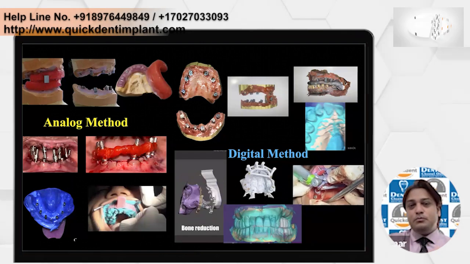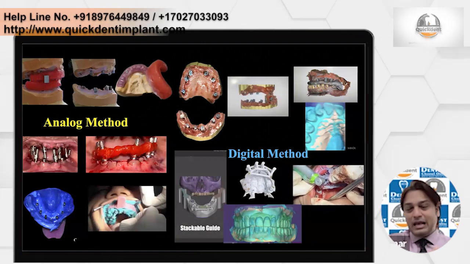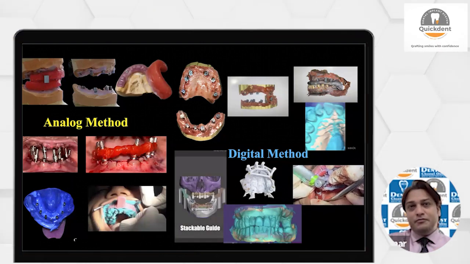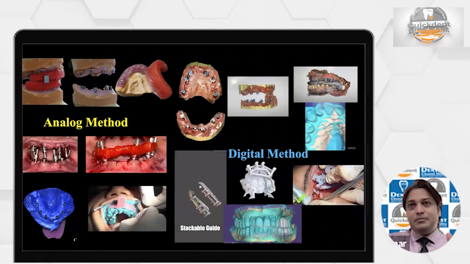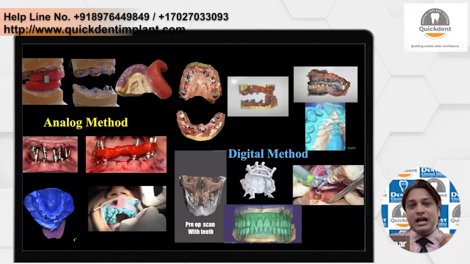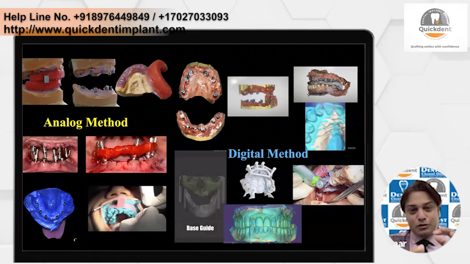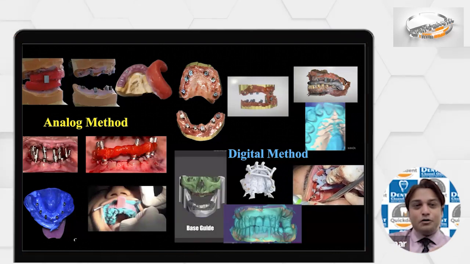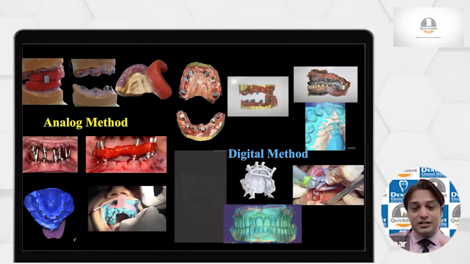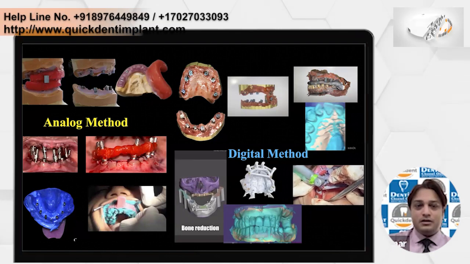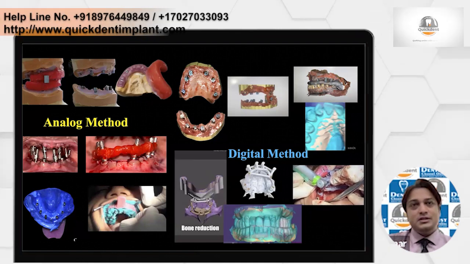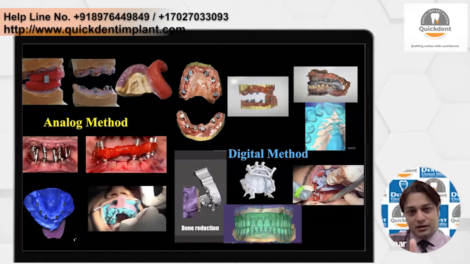In the analog method also, many labs are now very well developed. Even if you are doing everything manually, the moment you go to the lab, they will scan with an extraoral scanner. So a part of digital is always coming in, even if it is the analog method. If you are doing DMLS processes, it is nothing but a part of digital, right?